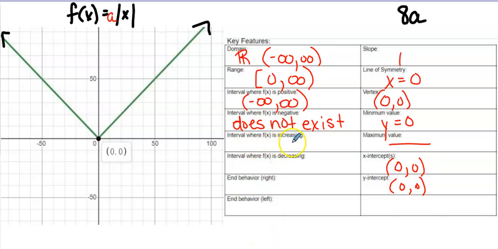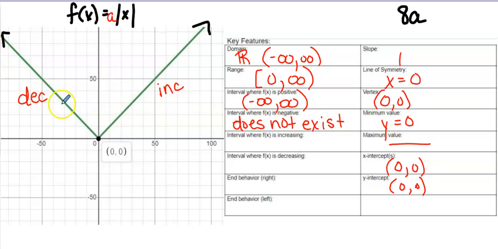Interval where f of x is increasing and decreasing. This is the one where we trace from left to right. If we're tracing from left to right, this is decreasing, if you think about that roller coaster, and then this side is increasing.